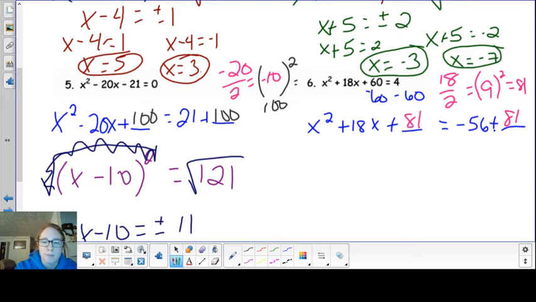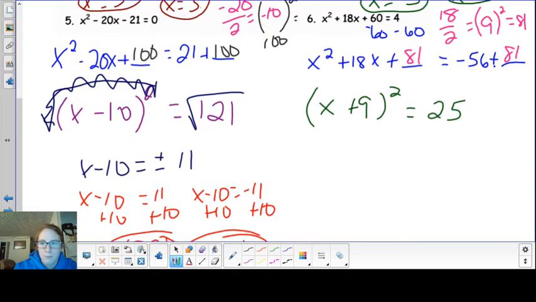Good, factor. I have something squared, so I have x plus 9. And then off the top of my head, negative 56 and 81 gives me 25. I thought so, I just wanted to double check. And my next step. Good, we're going to square root.